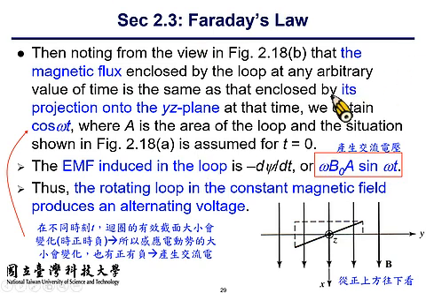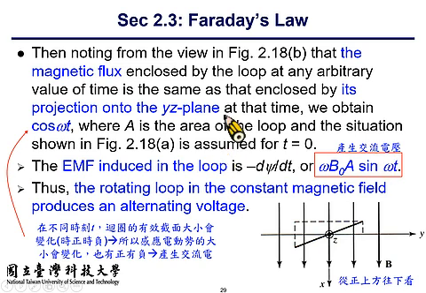And so we see that at different time instants, the electromotive force, the EMF, the voltage produced on the loop, also changes as time varies. So this is the EMF, the voltage produced in this scenario, and you can see it's also a sinusoidal signal. So the voltage is alternating between positive and negative values.